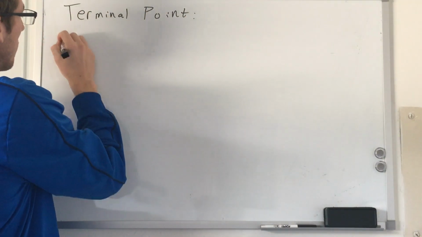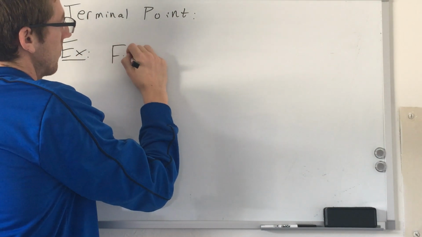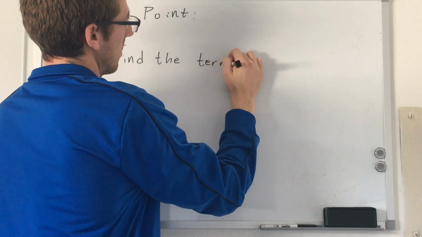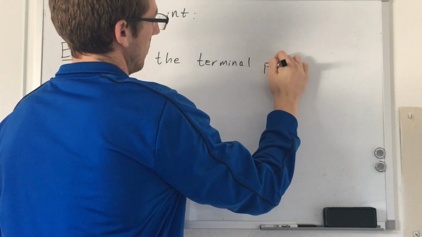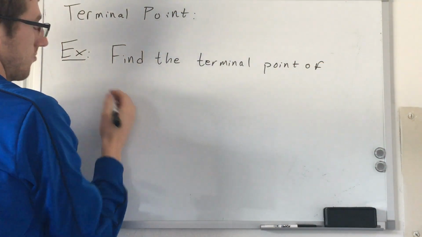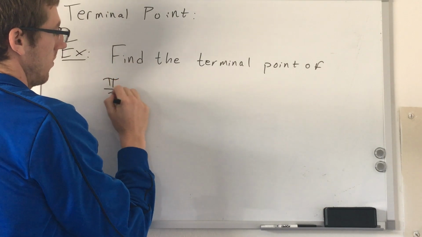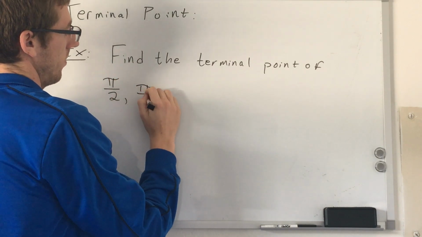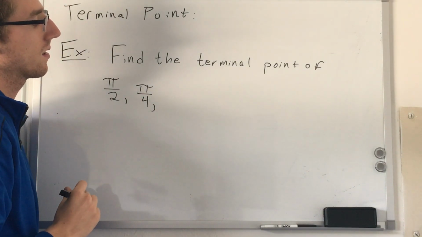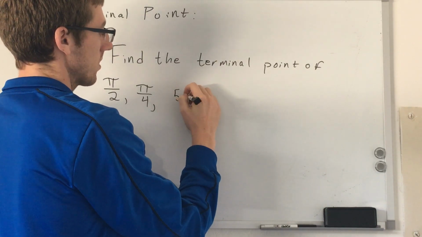So if we have an example, find the terminal point of, let's say, pi/2, pi/4, and let's do 5π/6.